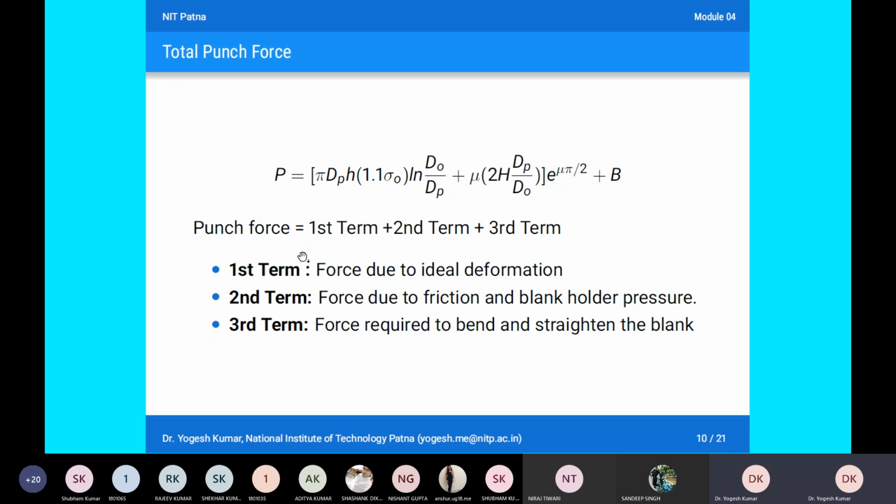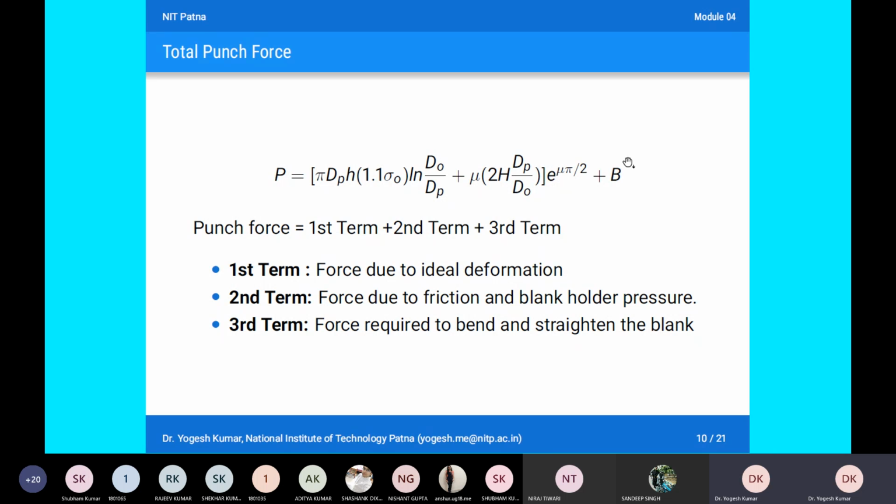I went through a few books and I found what the first term is. The first term is basically the punch force due to ideal deformation, and the second term appears because of the force due to friction and blank holding pressure.